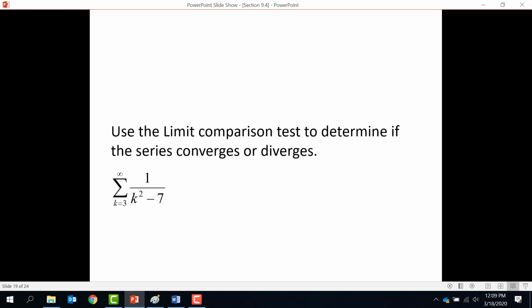Earlier we did this problem. It took us a little bit of inequality gymnastics to use the comparison test because of the -7. It made the denominators bigger, I'm sorry, made the terms bigger, and that didn't help.